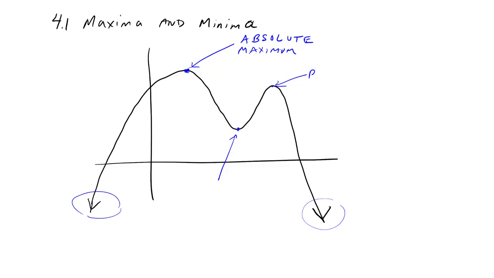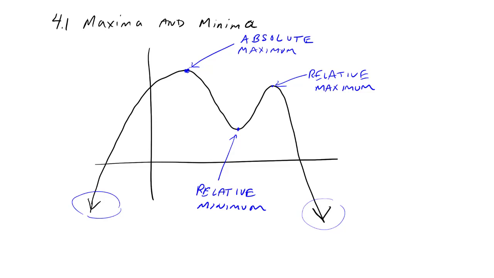So this other one, I'm actually going to call a relative maximum. Okay. And then similarly, I'm going to call this point a relative minimum. And so we see that we have a couple of relative points here, a relative max and a relative min. We do not have any absolute minimum because there's no overall minimum.